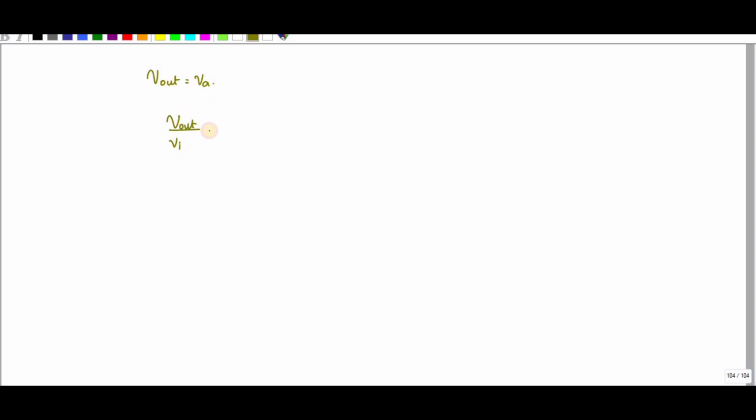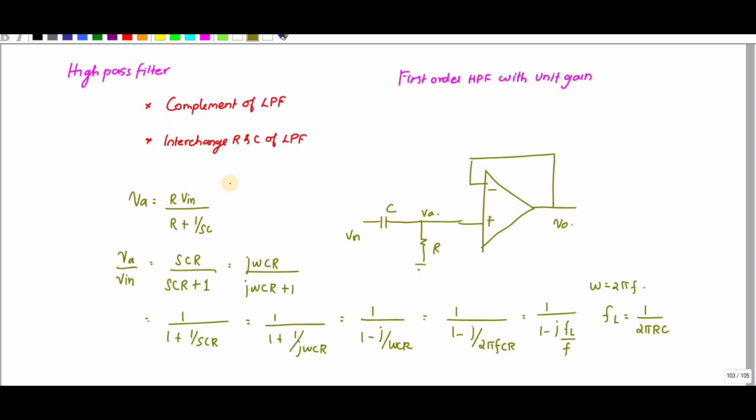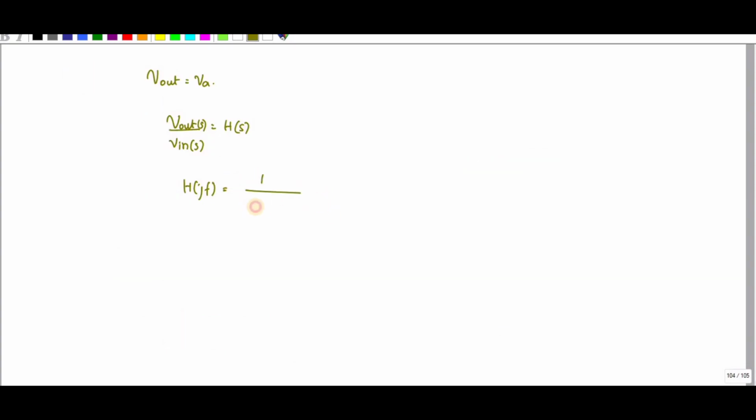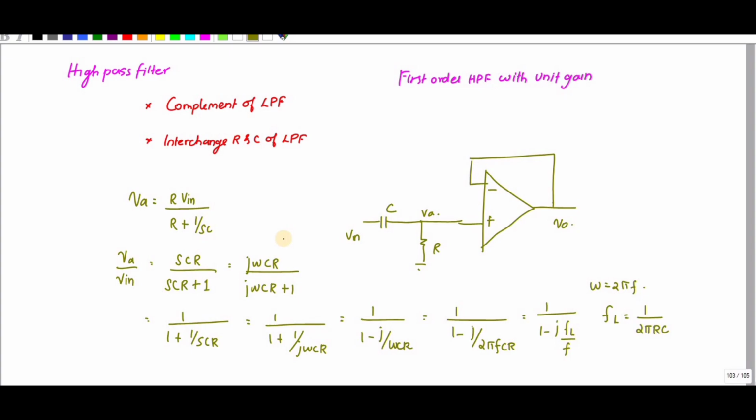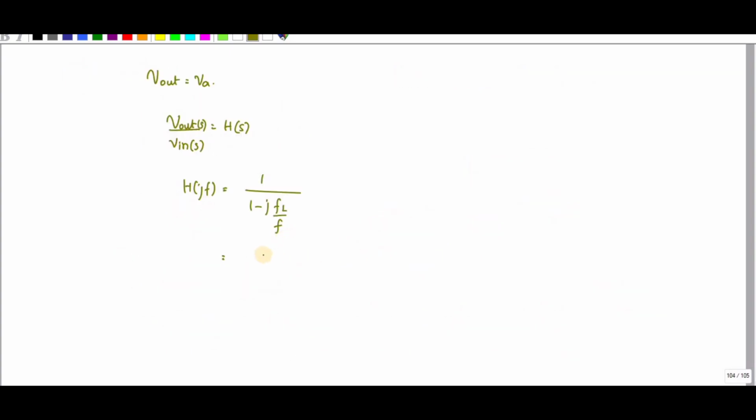So what is V out by V in? That is nothing but H of S. So H of J omega, H of JF, is equal to 1 divided by 1 minus J FL by F. If I take the modulus, I will get 1 divided by root of 1 plus FL by F the whole square, raised to the power n.